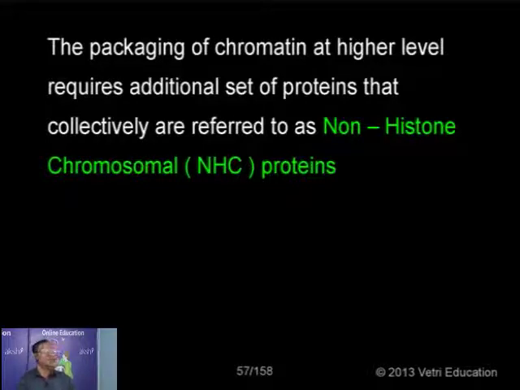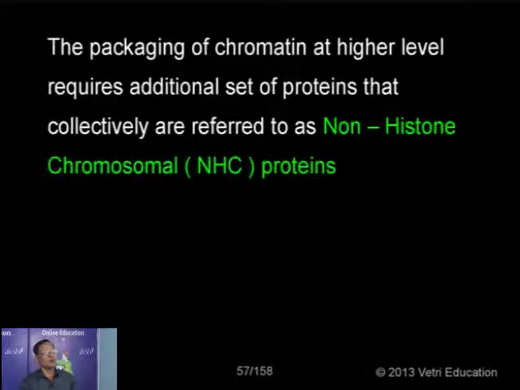Such proteins, which are found at the higher level of organization, are nothing but non-histone chromosomal proteins. So other than histones, which also take part in the formation of the nucleosome, these help in the packaging of chromatin, which is condensed together to form the chromosomes.